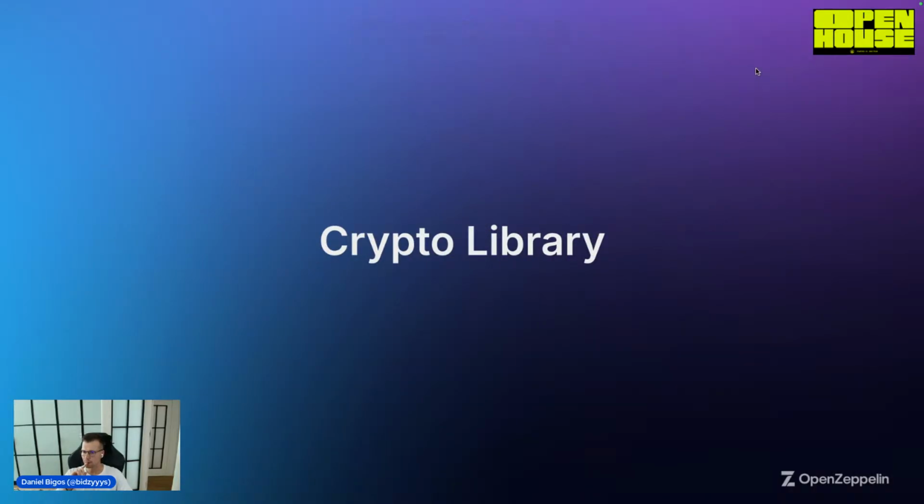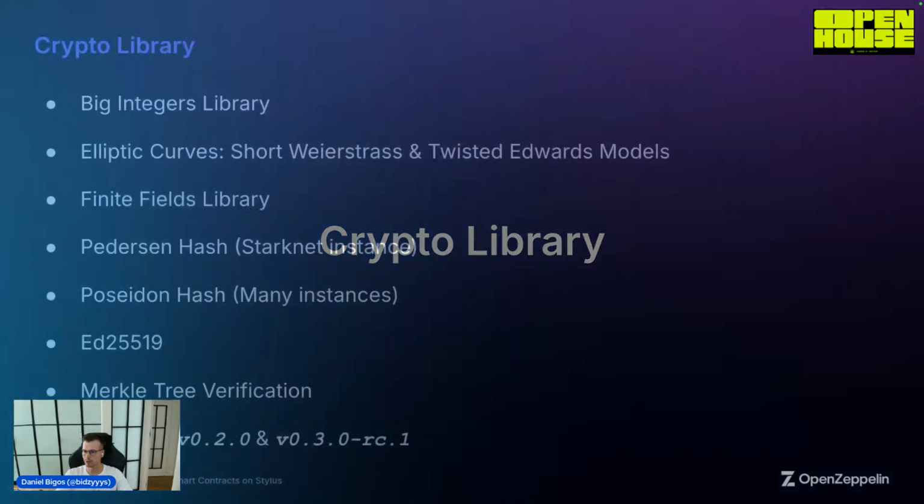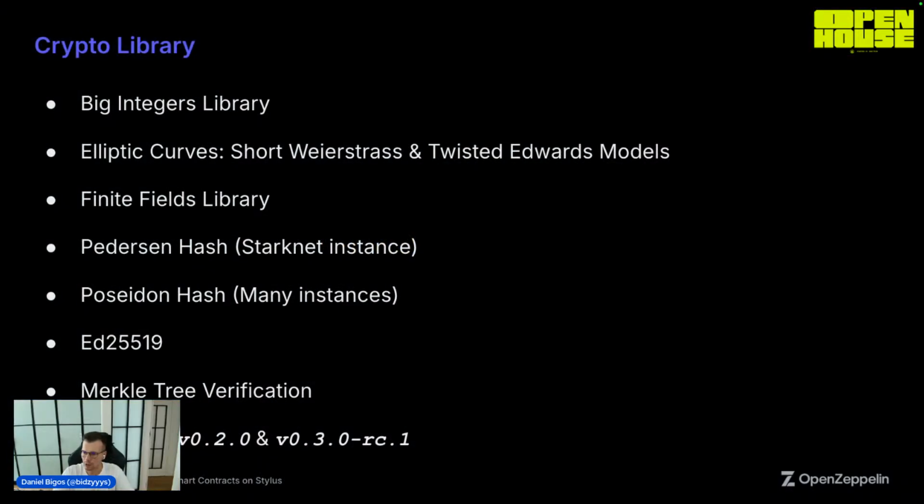Now let's talk about the second part of the library that brings great features and the power of Rust and Stylus, and this is the crypto library. In our crypto library, you can find our own implementations of big integers that are optimized for WASM execution.